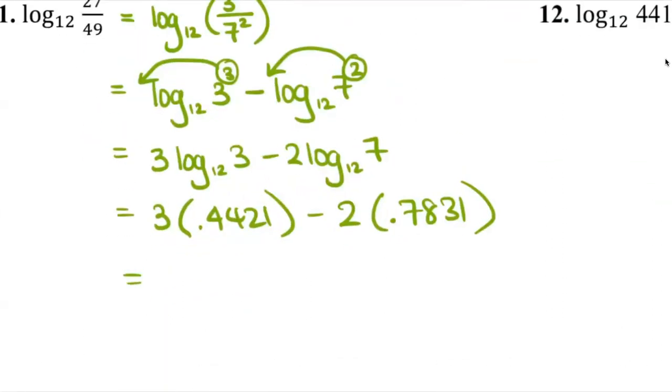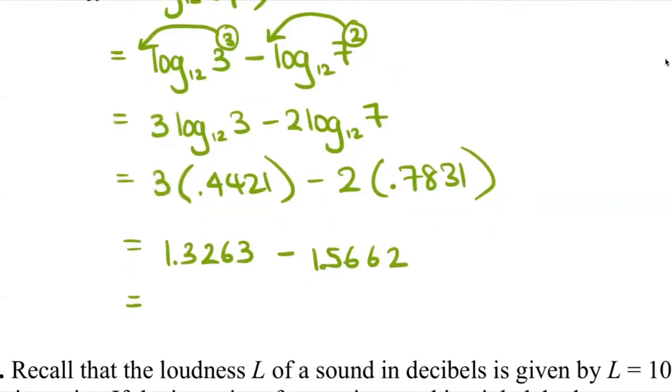All right, so that's going to get me 1.3263, I believe, minus 1.5662. And I am double checking with my answer key, lest you think I am doing this completely in my head. That is not true. Okay.